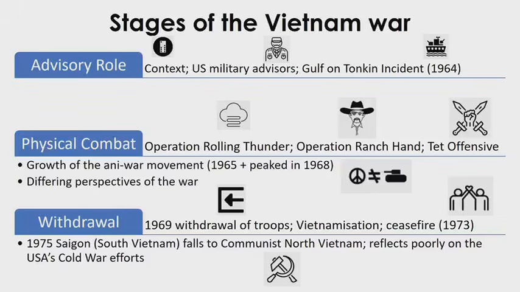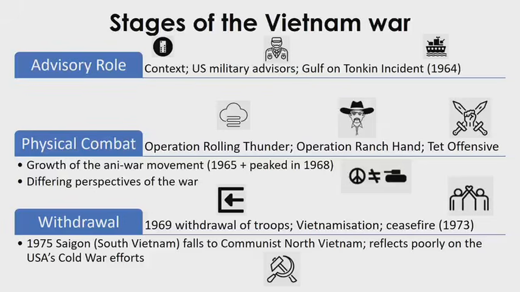So if we have to look at the stages of the Vietnam War, I'd say we can divide it into 3 broad areas. The first one would be the advisory role. The next broad stage would be the physical combat stage. And then the last stage will be the withdrawal. So if we have a look at those 3 stages, advisory, physical combat, and withdrawal, we are essentially going to look at the period from 1964 to 1975.